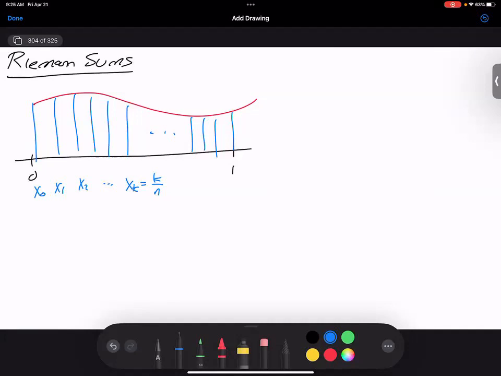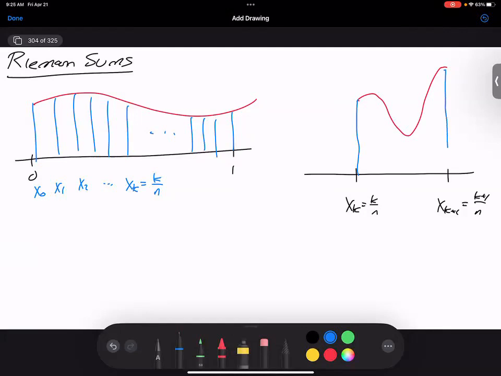And so we want some better way of looking at things. So what we'll do is blow things up a little bit. Here's xk, which is k over n, and here's xk plus 1, which is k plus 1 over n. And let's say, here's my function. And so I can find an upper and a lower bound. I'm going to look to see where my function is smallest, and I'll call that point l sub k for the lower sum.